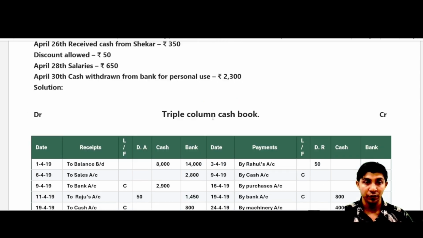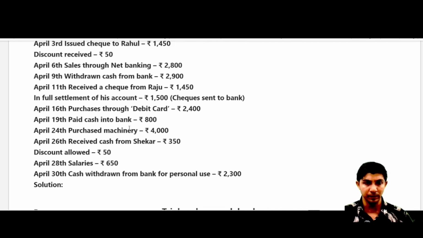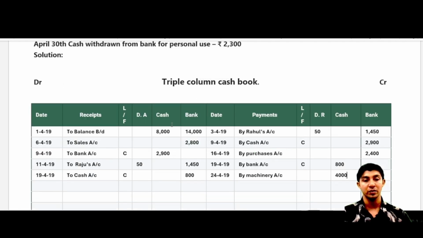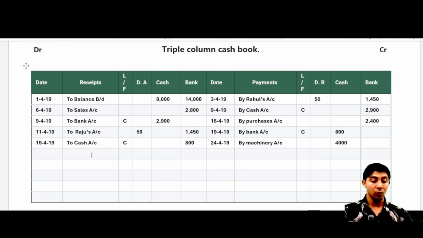Now let us move towards the next transaction, that is received cash from Shekhar 350, discount allowed 50. What came from Shekhar? Cash. How much? 350. So what we'll write? Money is coming in, so we have to record this transaction on the receipt side, to cash. Sorry, to, who gave the cash? Shekhar.